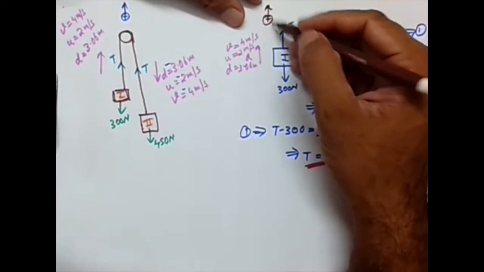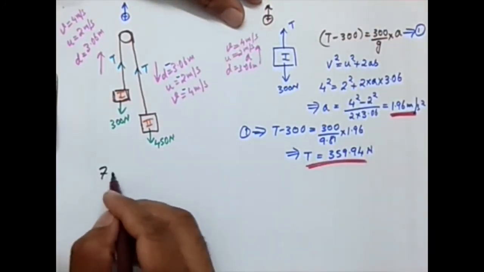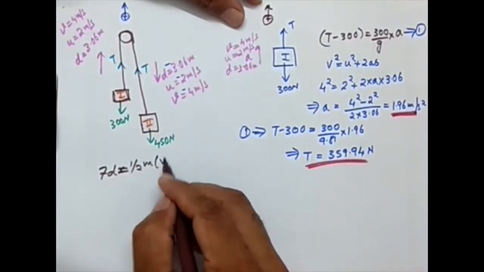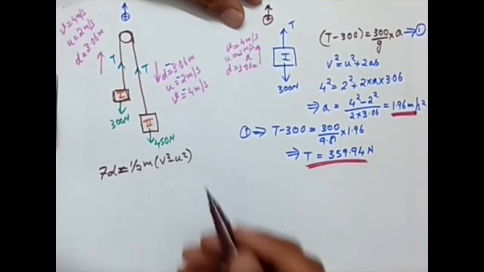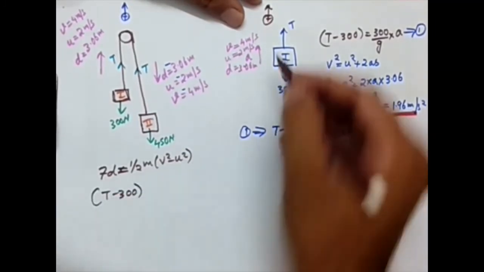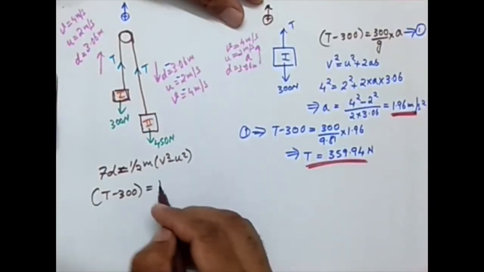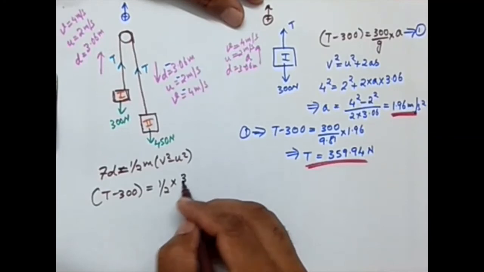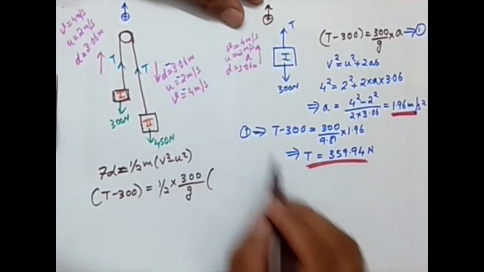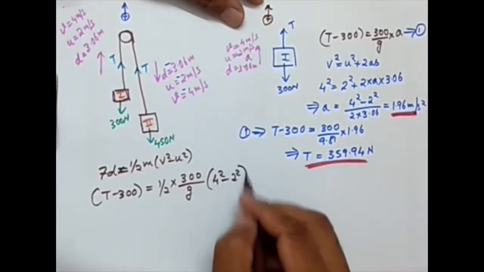So net force in the direction of displacement is T minus 300, that is F into D is equal to half m into V square minus U square, our work energy principle. Net force: T is positive, 300 is opposite, so minus 300, equal to half into 300 divided by G into V square minus U square, that is 4 square minus 2 square.